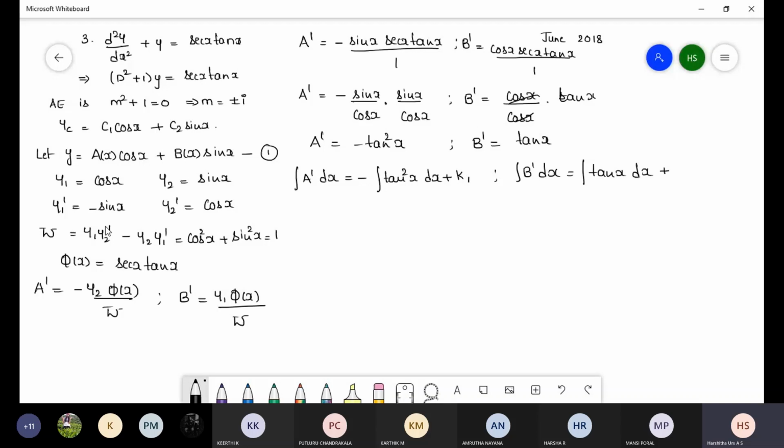Yes. Now, what is the trigonometric formula for tan square x?